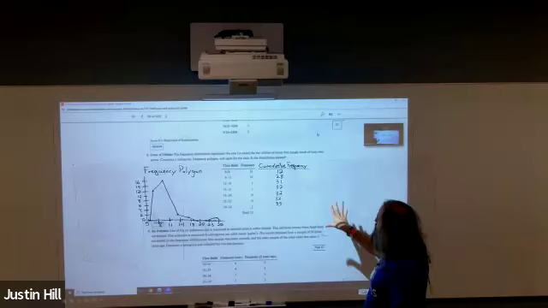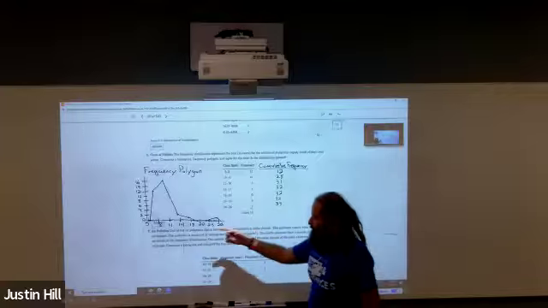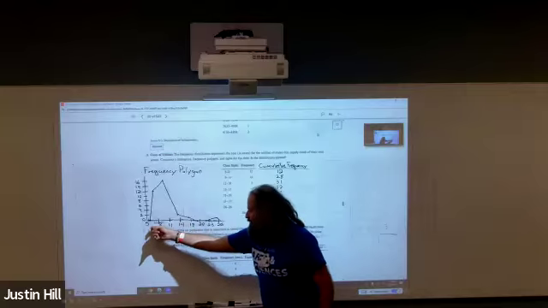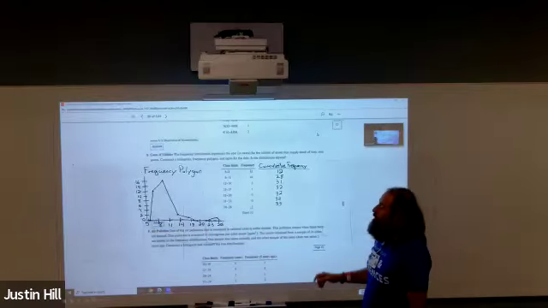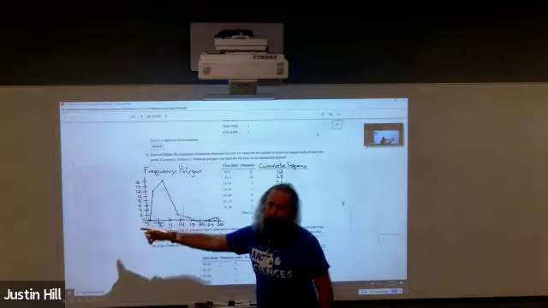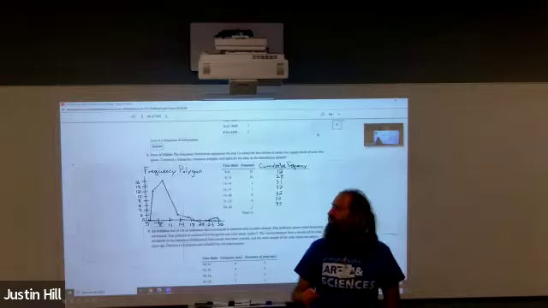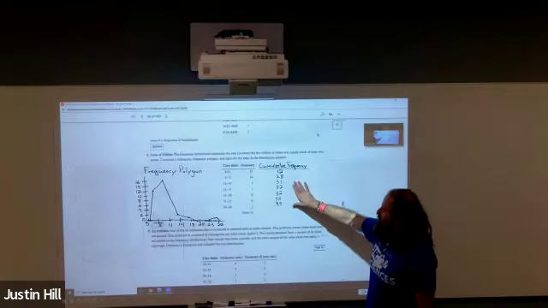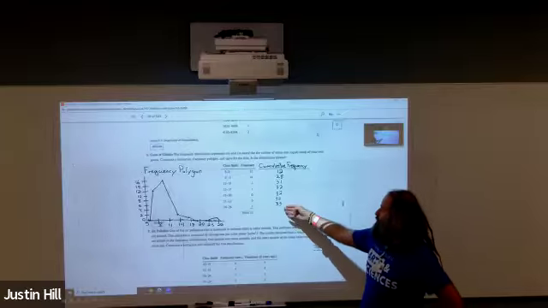So when I go to make my frequency polygon, the horizontal axis is going to be the same, but my vertical axis is going to have to be a lot different, because this one only goes to 16, counting by twos. Looking at these numbers, what do we need to get up to here? We need to get up to 33.